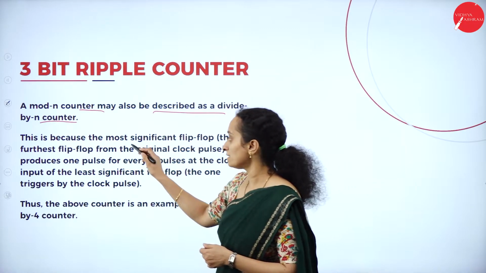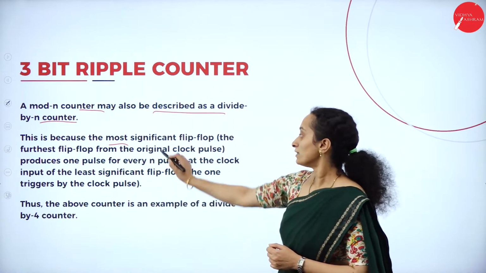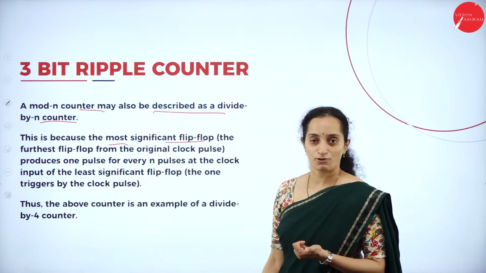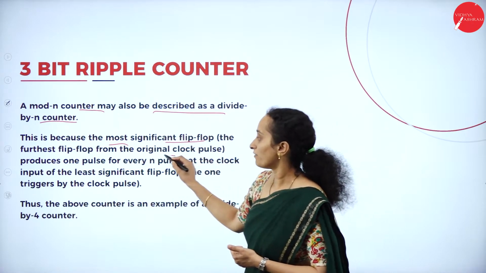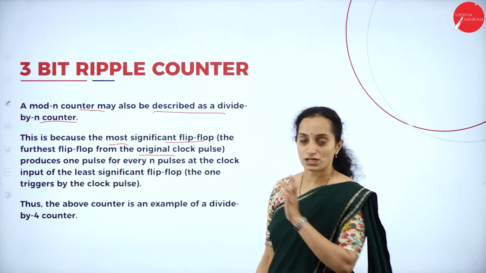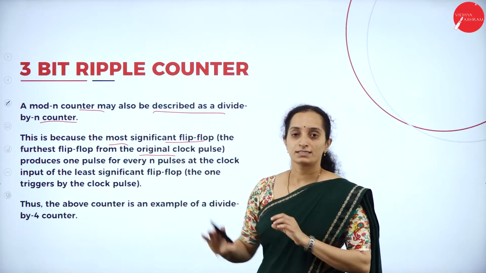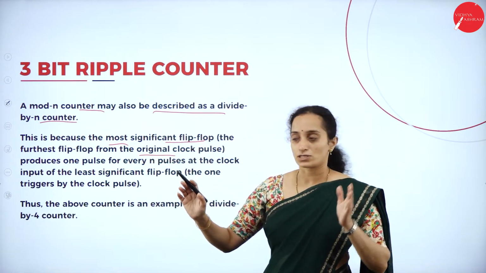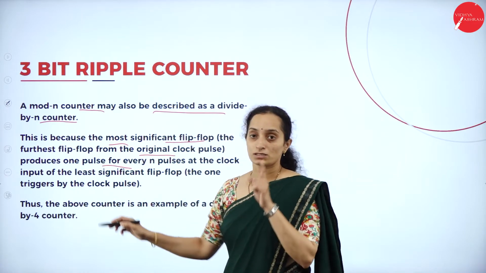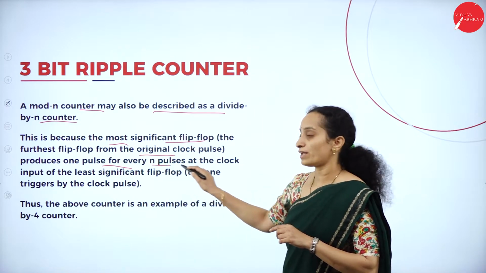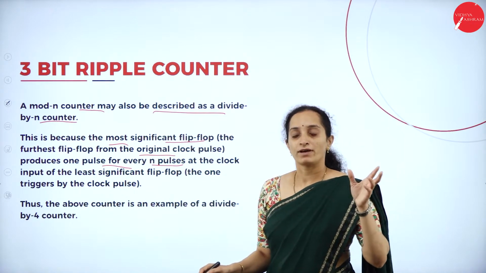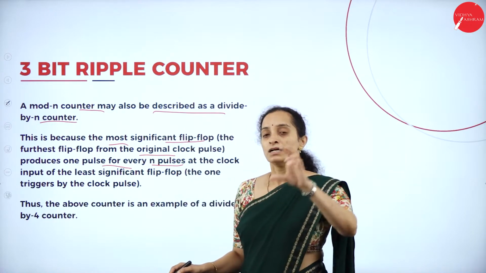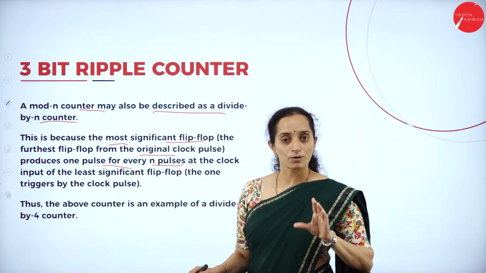This is because the most significant flip-flop, the farthest flip-flop from the original clock pulse, produces 1 pulse for every n pulses.